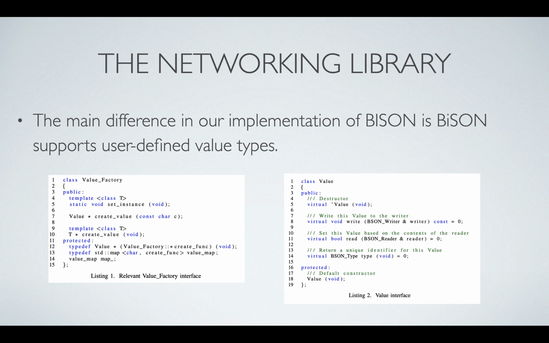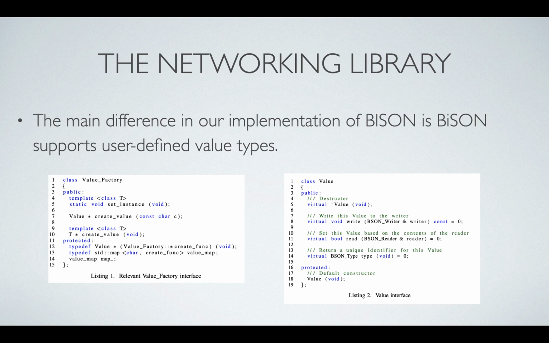Because we know that we're instrumenting applications, there may be a situation where a pin analysis tool may want to send some type of custom data type over that's not a built-in type that we support.